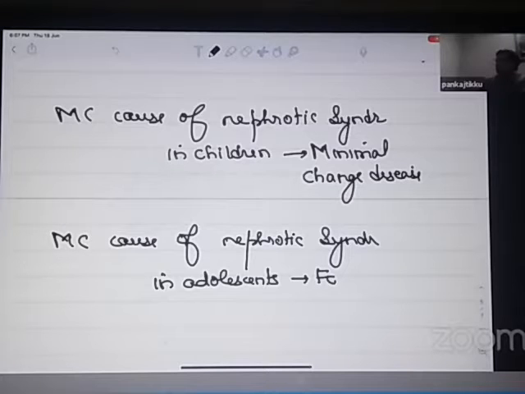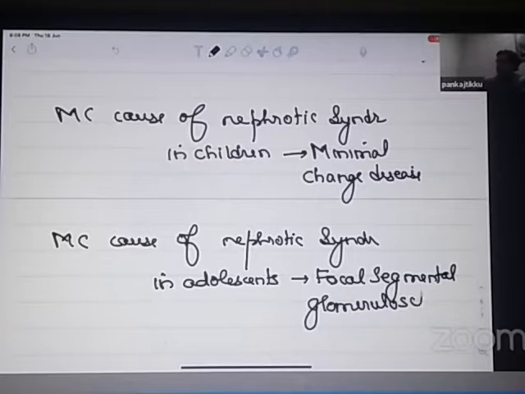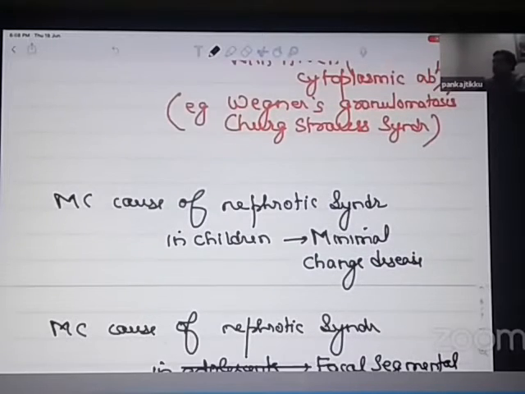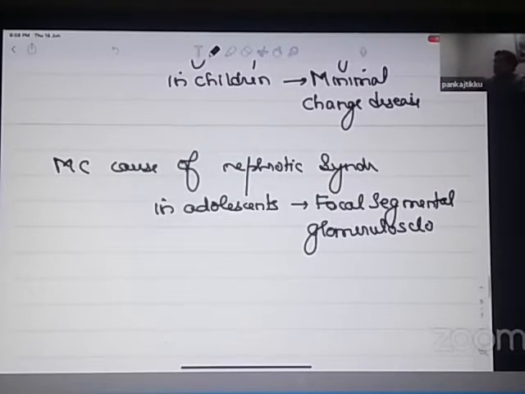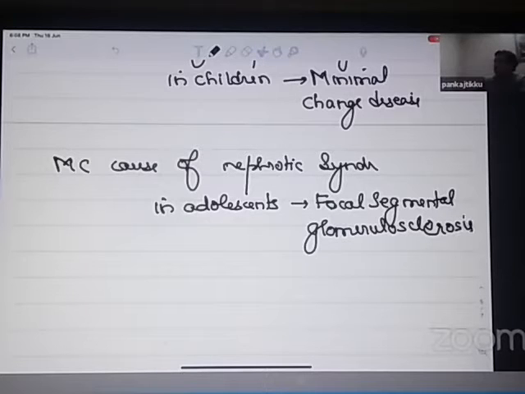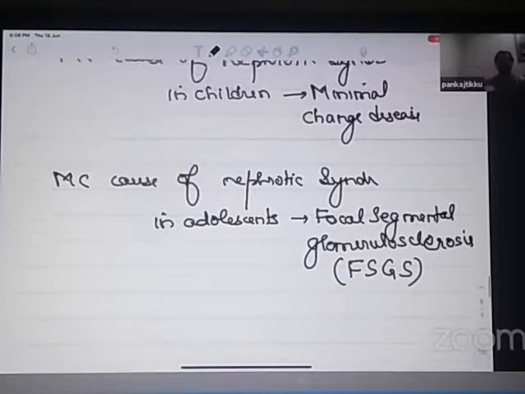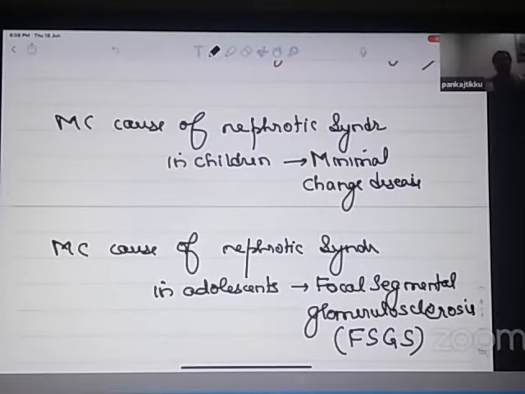It is focal segmental glomerulosclerosis, in short also called FSGS. So which is the most common cause of nephrotic syndrome in children? It is minimal change disease. But which is the most common cause in adolescents? It is focal segmental glomerulosclerosis.